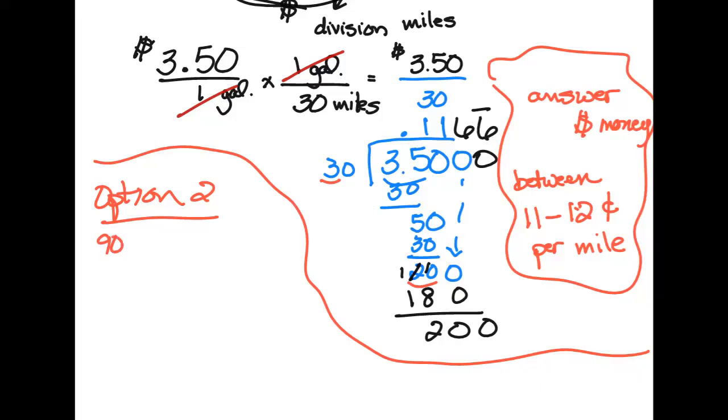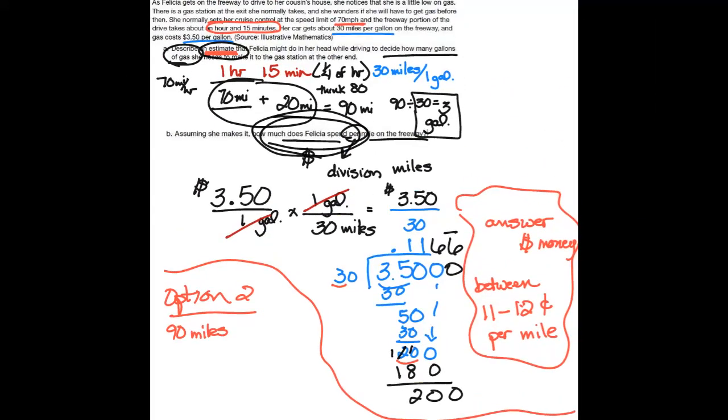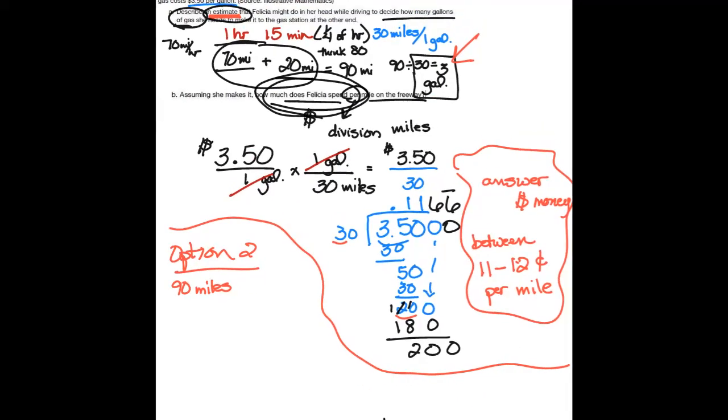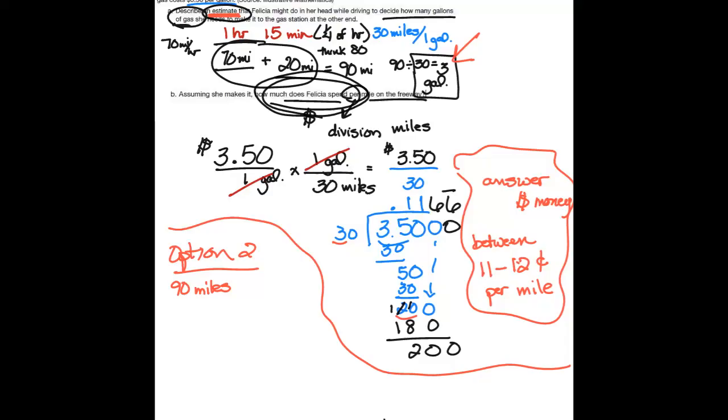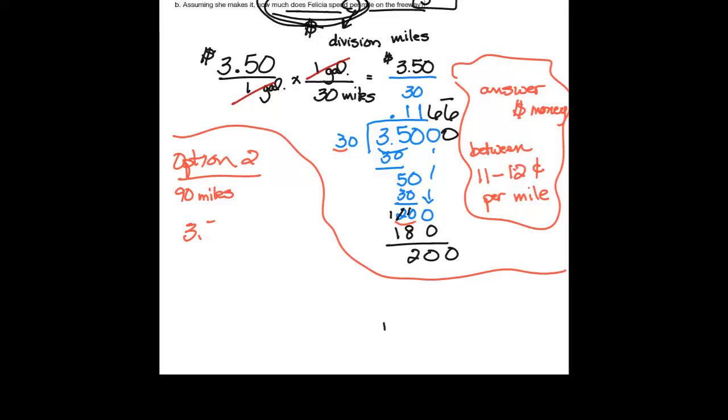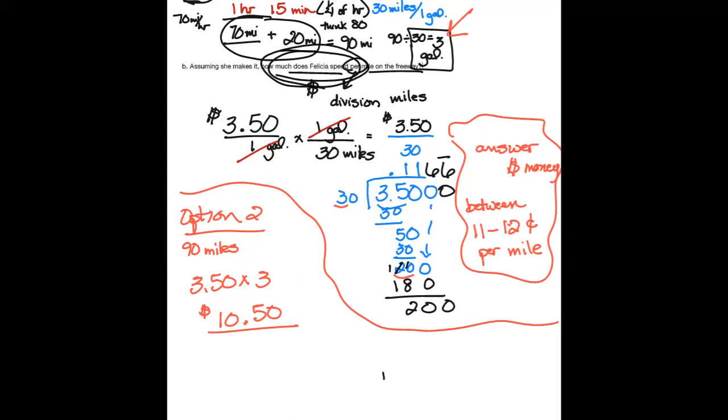And for those 90 miles, we said she needed 3 gallons of gas, right? So if gasoline is $3.50 per gallon, 3 gallons would be $3.50 times 3, which is $10.50, right?